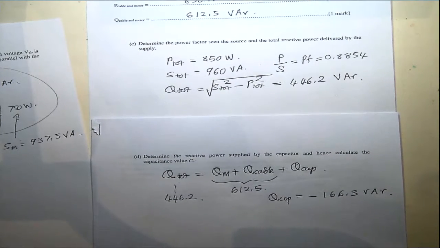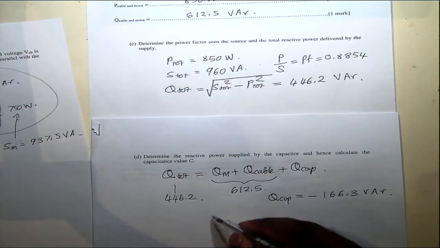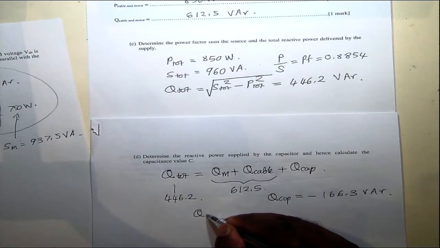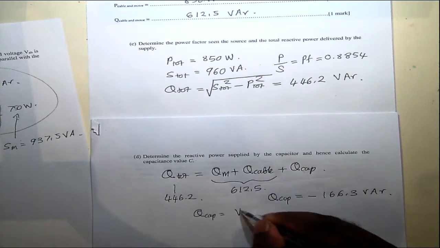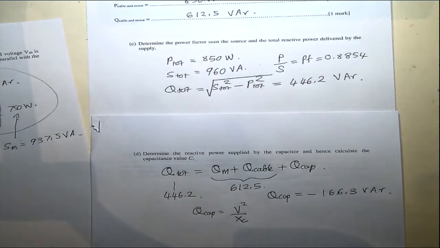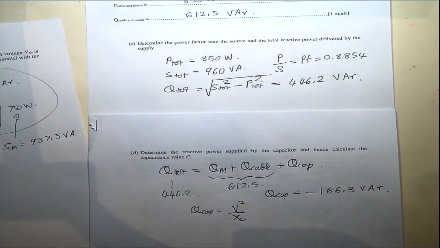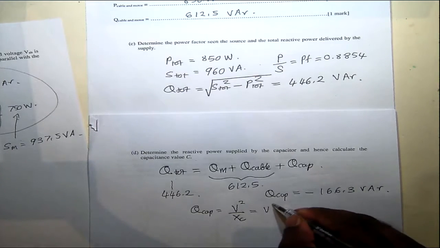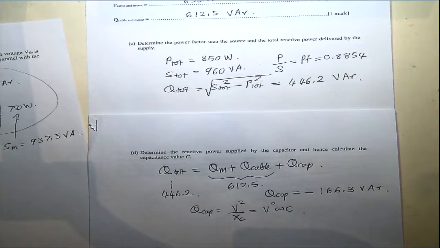So if you consider the capacitor reactive power, we can write Q equals V squared over XC. That's the reactive power, the voltage across the capacitor squared divided by the reactance of the capacitor. So XC turns out to be 1 over omega C, so we can write this as V squared omega C as well.